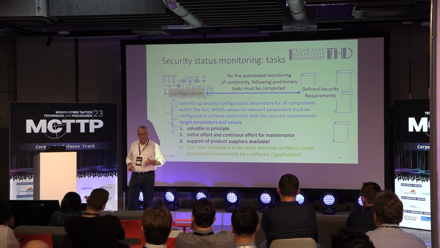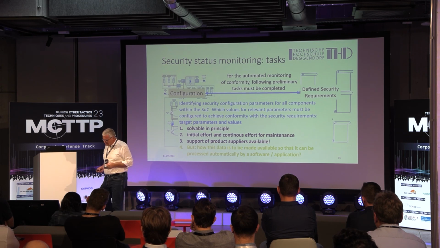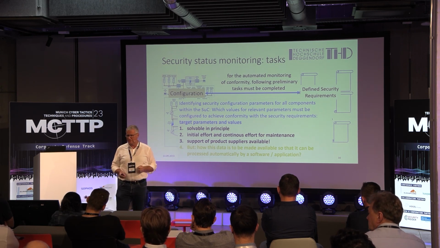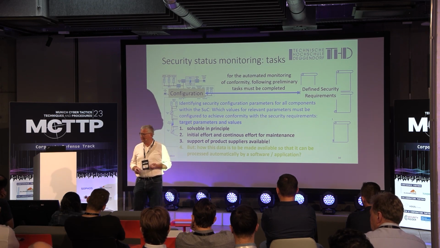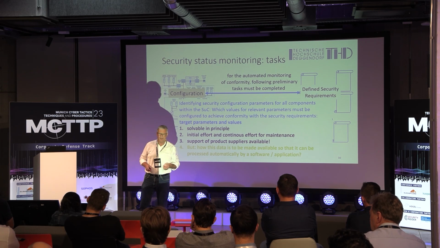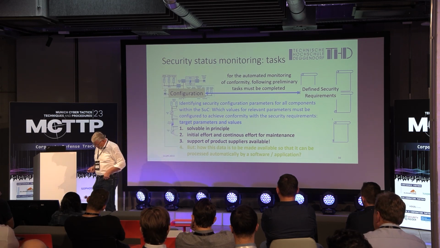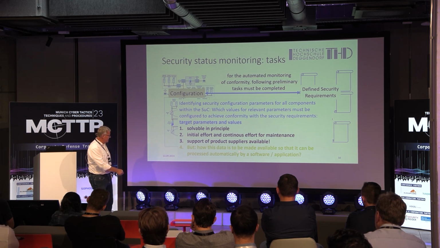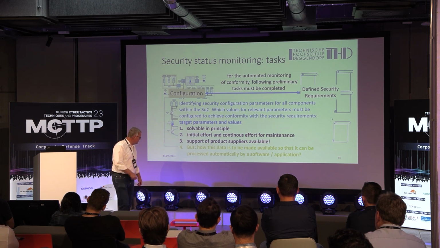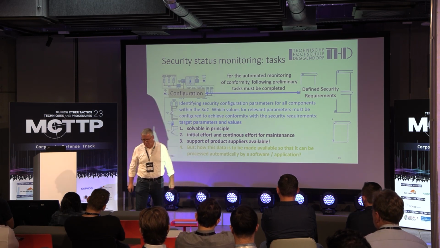So it's an initial effort, that's clear, and a continuous effort of maintenance. If you, for example, change something in the switch, in the software or the hardware, perhaps you have to include new parameters, or you have to correct the values for the parameters. So one challenge here is: how can this data be made available so that it can be processed automatically by software or an application?